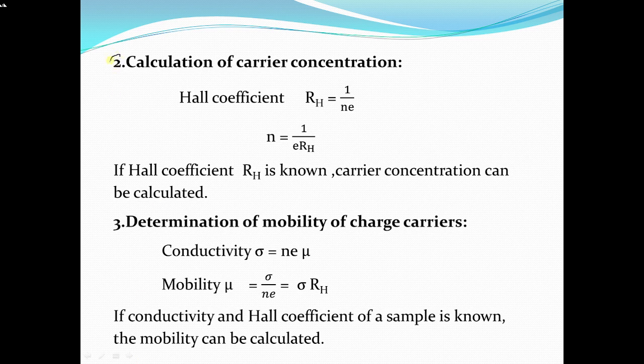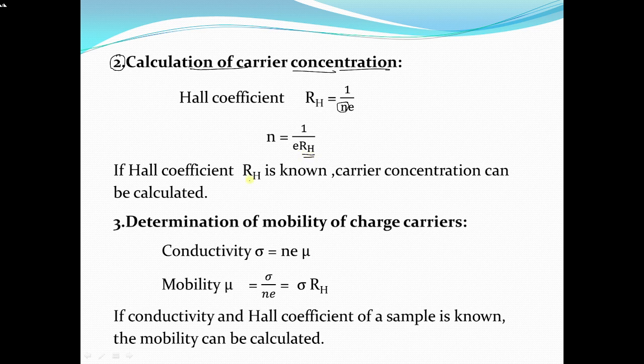Next, we can calculate concentration of electrons or holes, that is, calculation of carrier concentration. We know Hall coefficient R_H is equal to 1 by ne. So n, concentration of electrons, I can write as 1 by eR_H.